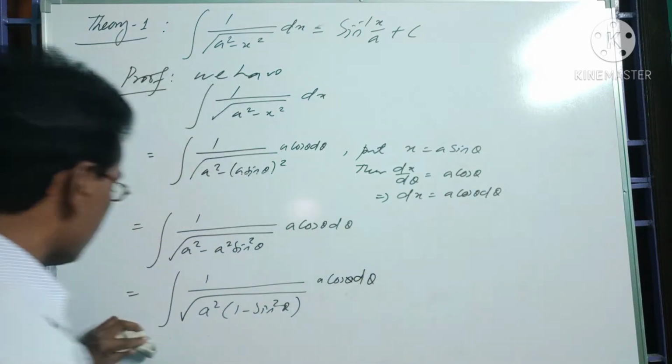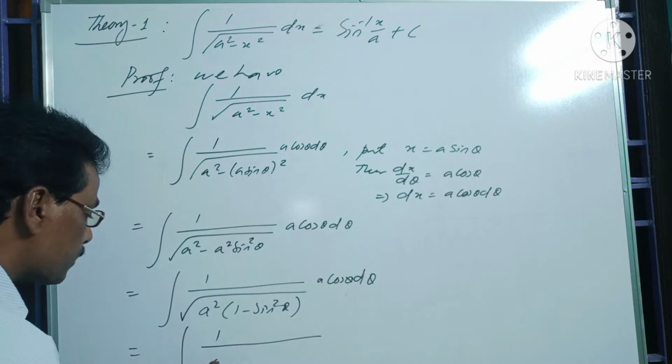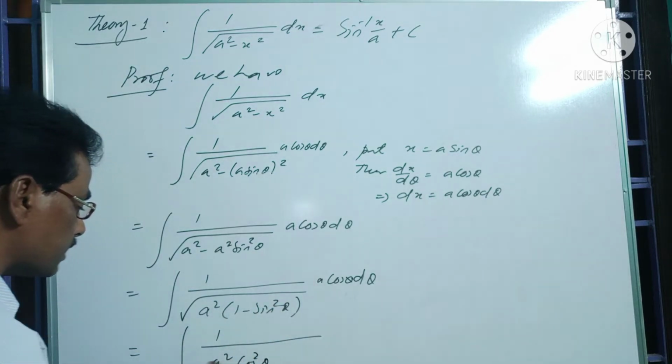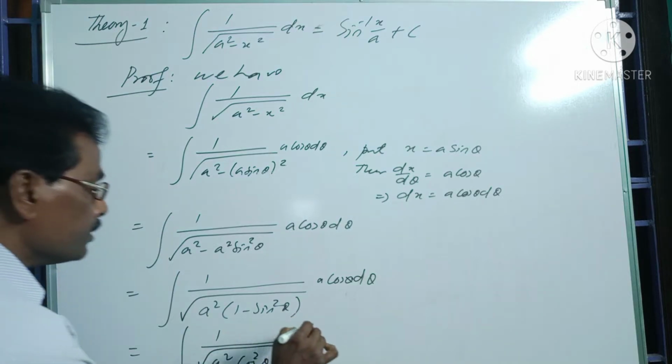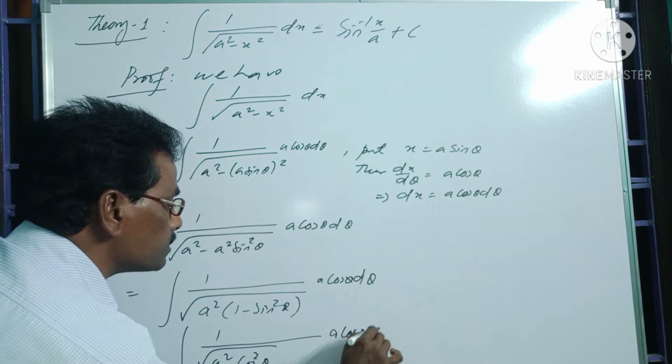So again simplifying, we have integration of 1 by a square into 1 minus sin square theta, which is equal to cos square theta. So we have cos square theta into a cos theta with respect to theta.